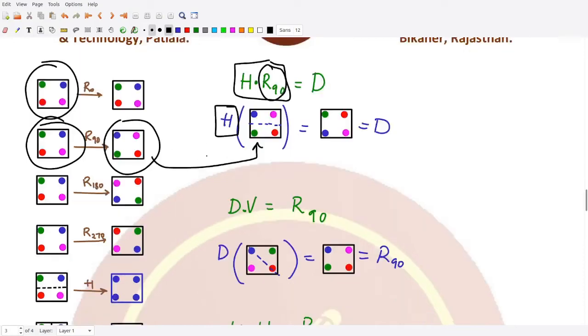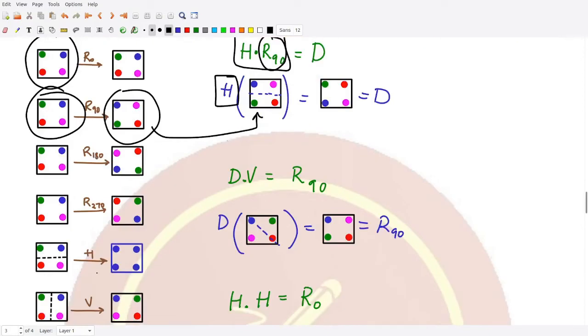Now what does H do? H flips the given square about a horizontal axis like this. So this color would come here and this color would go there. So you have red and pink in this order, similarly blue and green in this particular order.